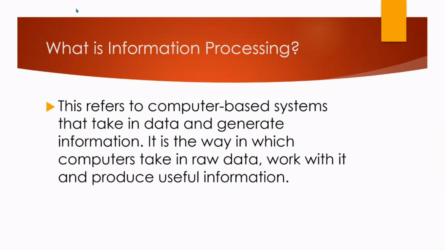So, what this is basically saying, information processing is basically computers taking in data. You inputting data into the computer, and the computer is then processing this data and converting it into information. So, whenever a computer-based system or whenever computers are used to process data, that is referred to as information processing.